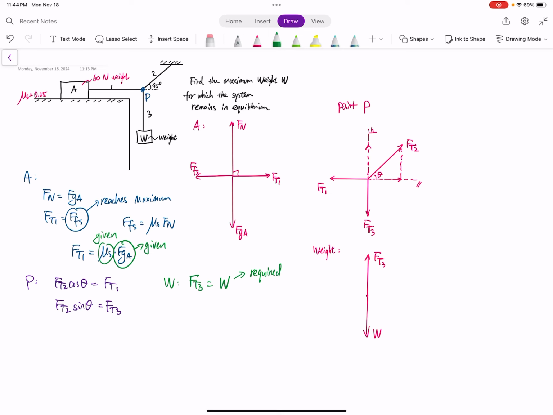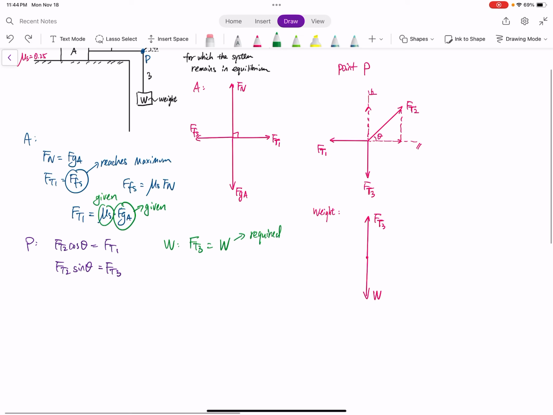And so you look at these two equations here. If I do a division, FT2 will cancel out. So let's divide the second equation by the first equation. We get FT2 sine theta over FT2 cosine theta equals FT3 over FT1.